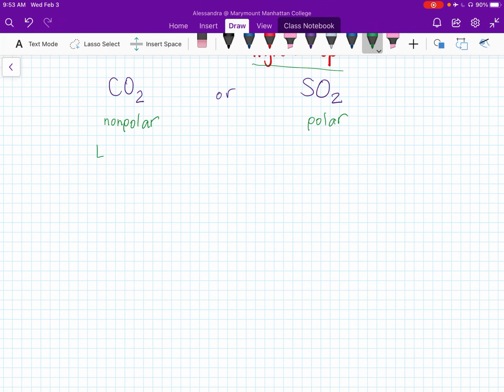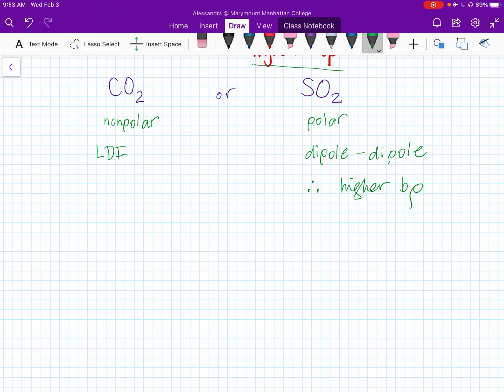The strongest intermolecular forces at play in carbon dioxide are London dispersion forces, and the strongest intermolecular forces at play in sulfur dioxide are dipole-dipole forces. So dipole-dipole forces are much, much stronger than London dispersion forces. So we would expect a higher boiling point for sulfur dioxide.